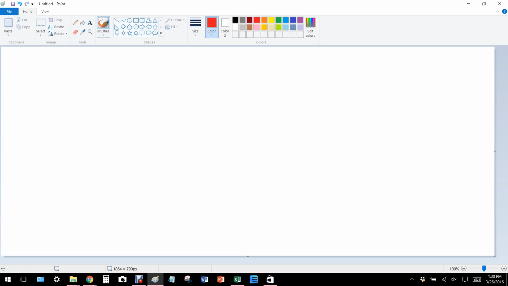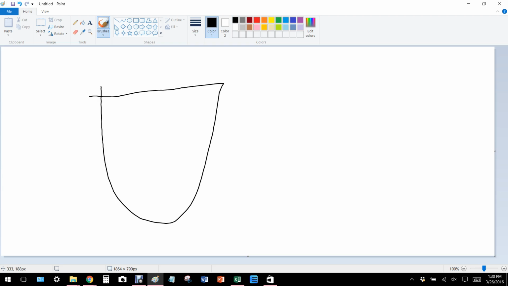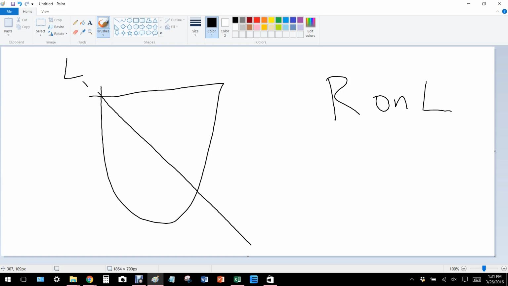We'll do one more. Okay, here's a sacrum. What we have here is a right on left. Here we have a left axis, and it's looking to the right, which means that, oh, I think I just came up with one that was not plausible for this situation.